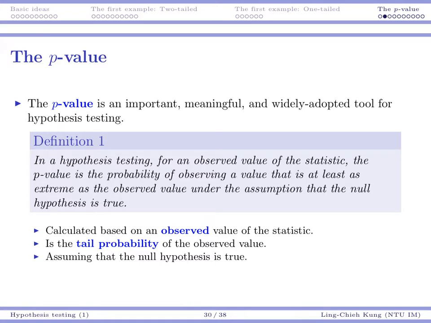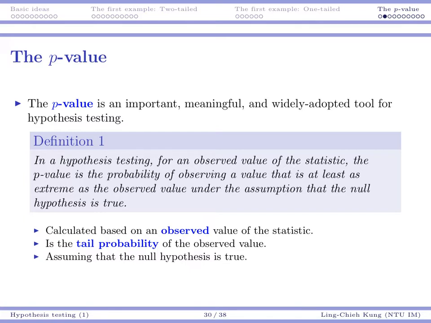Okay, so we first assume the null hypothesis is right, and then we observe a sample mean. We ask, what's the probability for us to observe something that is so extreme or even more extreme?